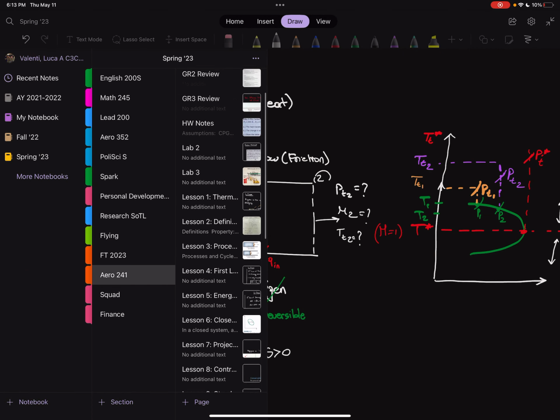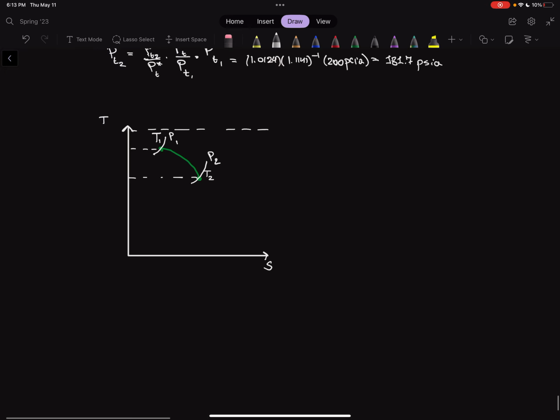So if I go back here, PT2 is going to be less than, let me move this line. Trying to draw, okay. PT1 is going to be here. PT2 is going to be over here.